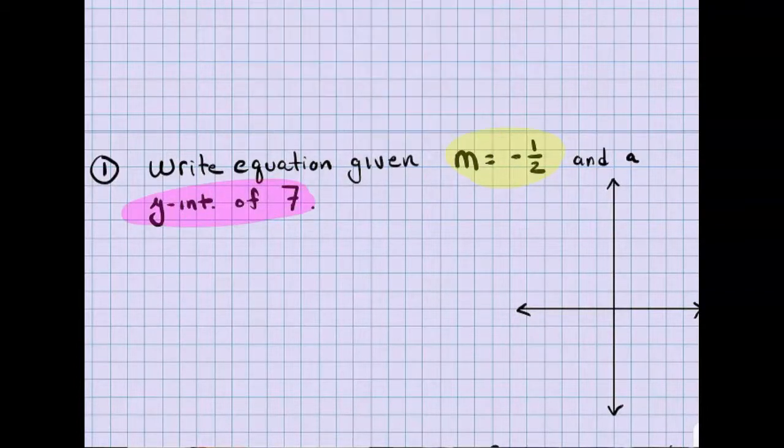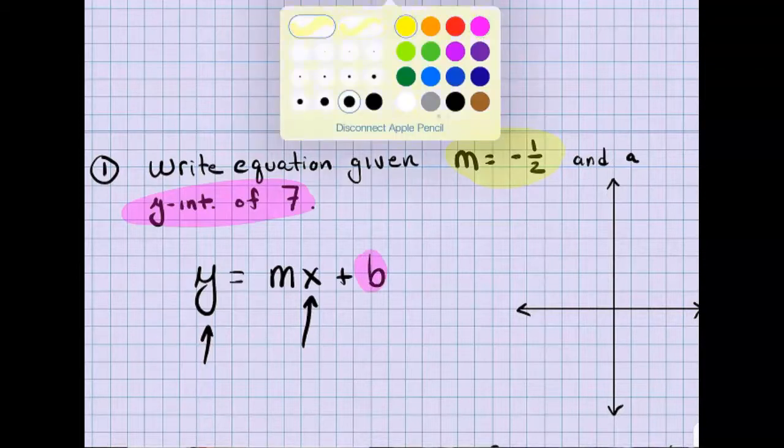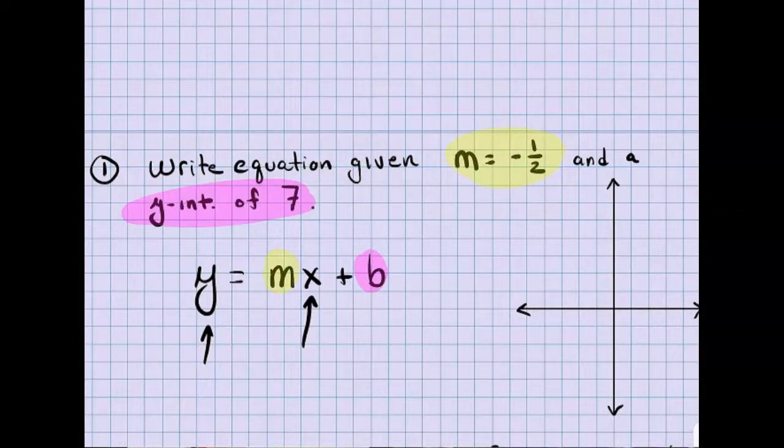So I always start off by writing y equals mx plus b. And you always will leave the y and the x alone. Your equation when you're done will always have the y and the x still just as y and x. It's the m and b that turn into numbers. So the b is pink and the slope is yellow.